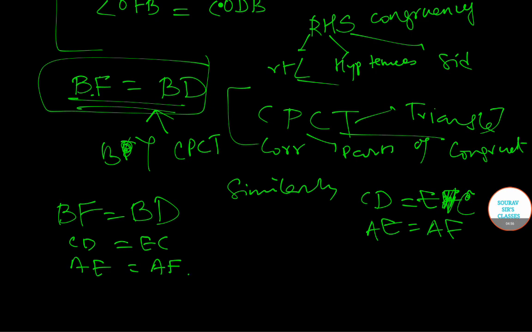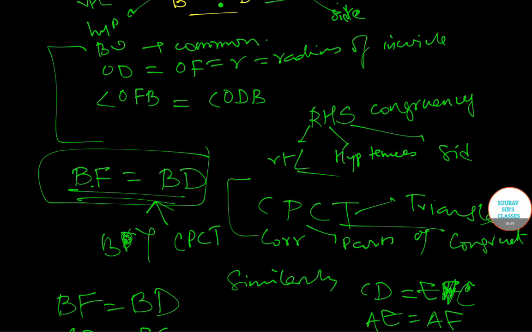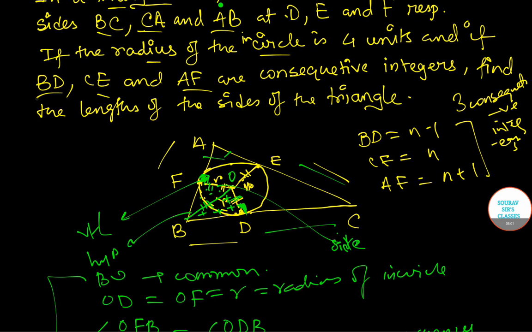So now coming to the question, we have BD, CE and AF consecutive integers.